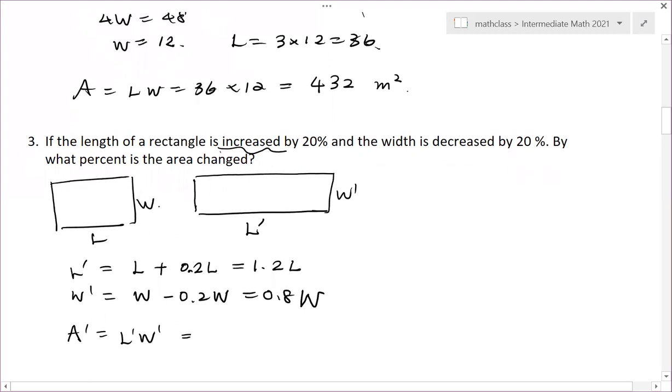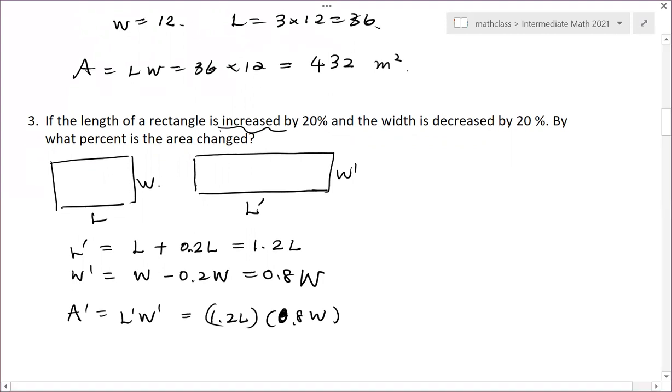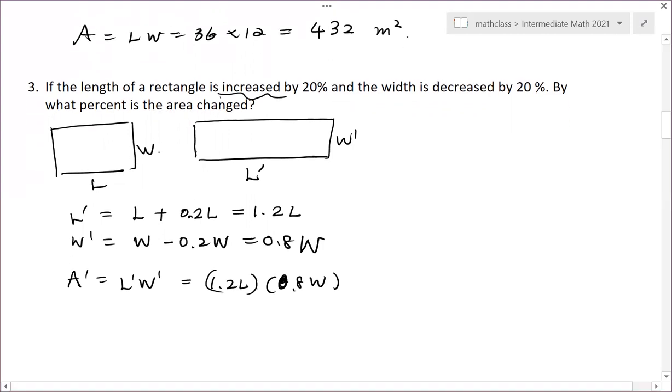So it's going to be 1.2 L times 0.8 W. Now we're going to figure out, multiply this out. 1.2 times 0.8, when you multiply this out, is 0.96 LW.